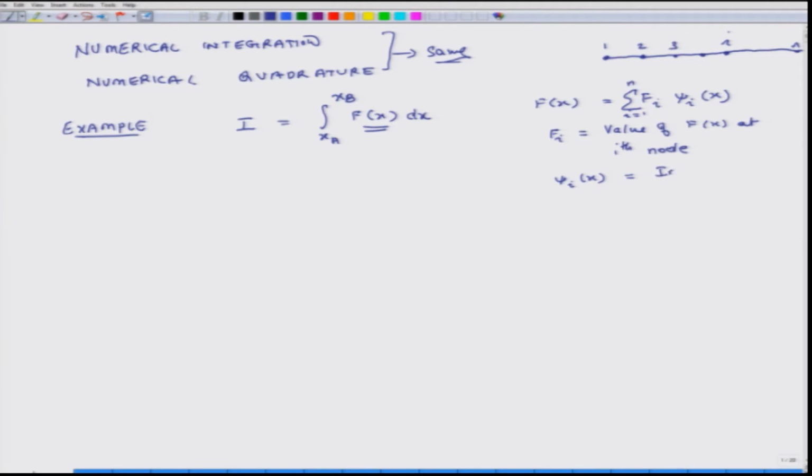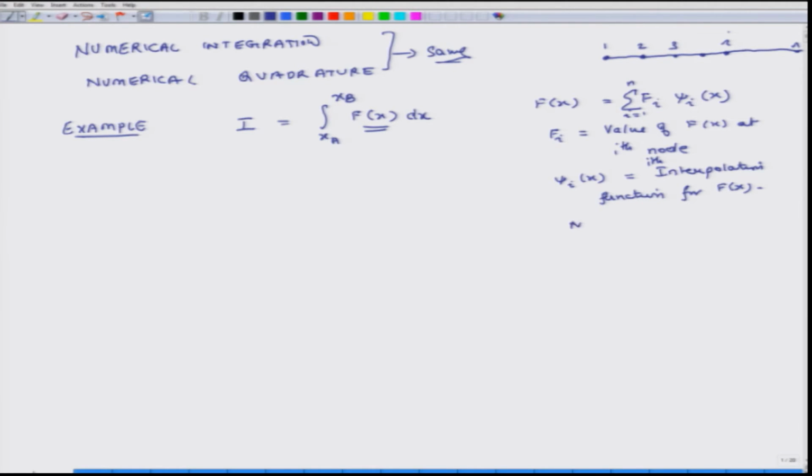The interpolation function for f of x, and this is the ith interpolation function. All these interpolation functions, when you add them up together, tell how f of x is varying across the length of the element. That is what it means.